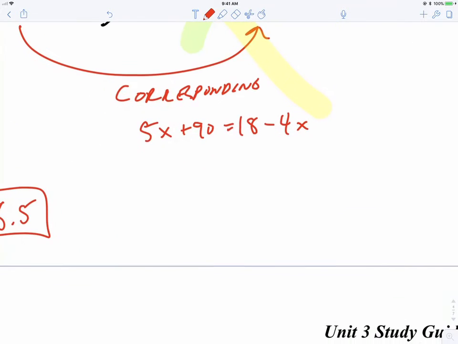That only has one variable, so we can go ahead and solve it. We're going to add 4x to both sides to get 9x plus 90 equals 18. Subtract 90 off both sides to get 9x equals negative 72. Divide both sides by 9 and get x equals negative 8.